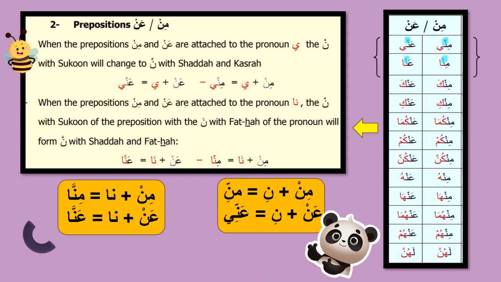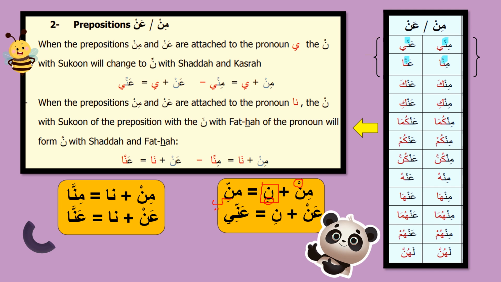As you can see here, the first noon is with the sukoon, and there came another noon with the kasra. There is a typing mistake, I forgot to give the ya here. It becomes noon with shadda and the ya.